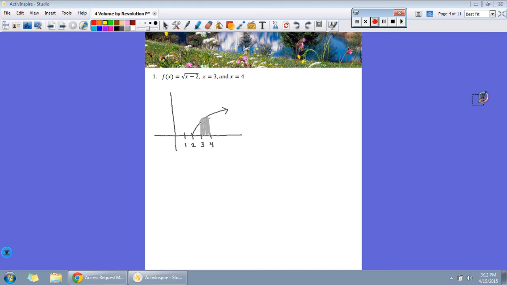So on an example like this, we have the square root of x minus 2 between 3 and 4. So we're going to set up a shape revolved around the x-axis that it's not quite a cone because the sides are bulging, but maybe some kind of bowl that's on its side.